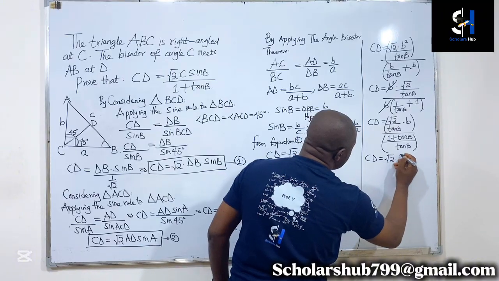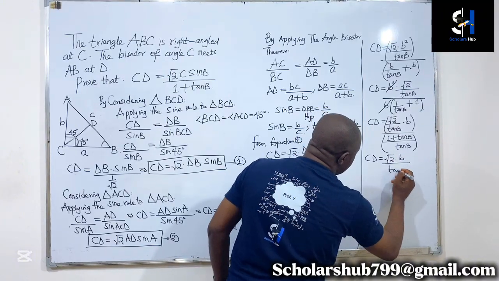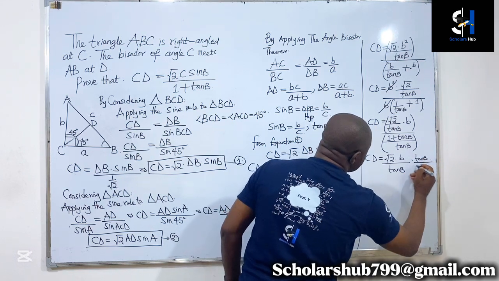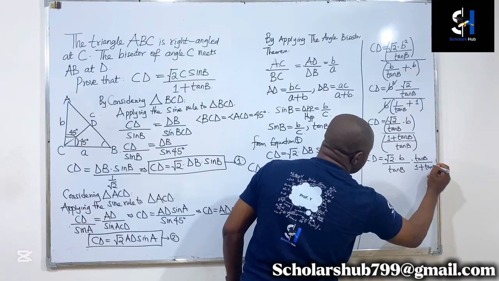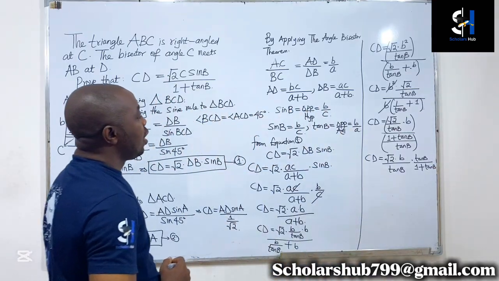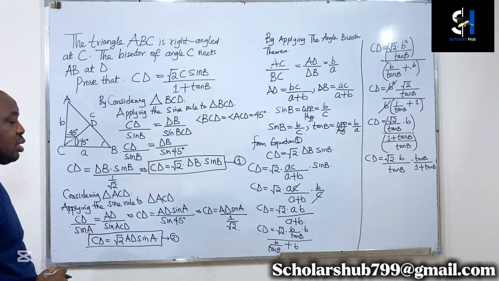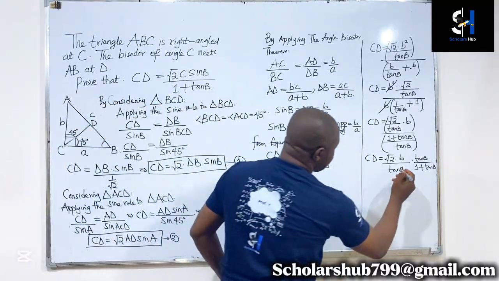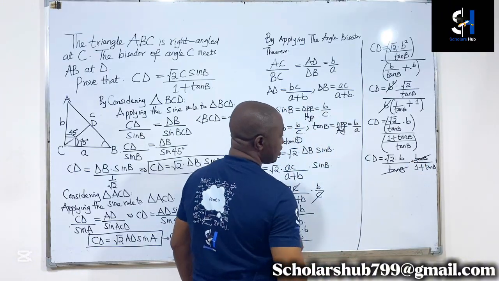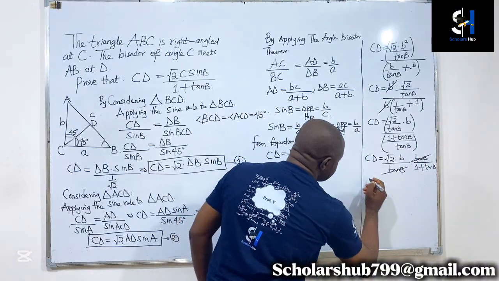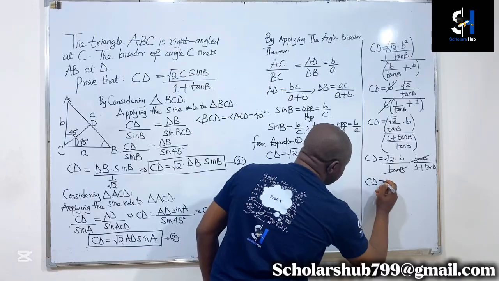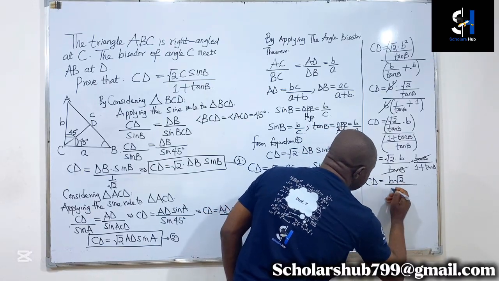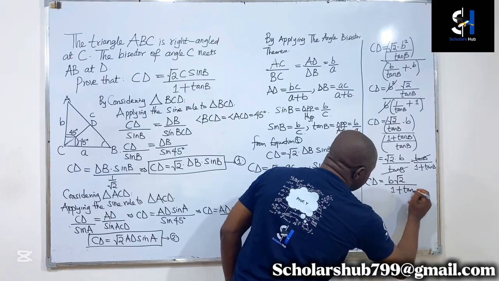We have root 2 times B over tan B multiplied by tan B divided by 1 plus tan B. So tan B cancels tan B, so that we can have CD equal to B root 2 divided by 1 plus tan B.